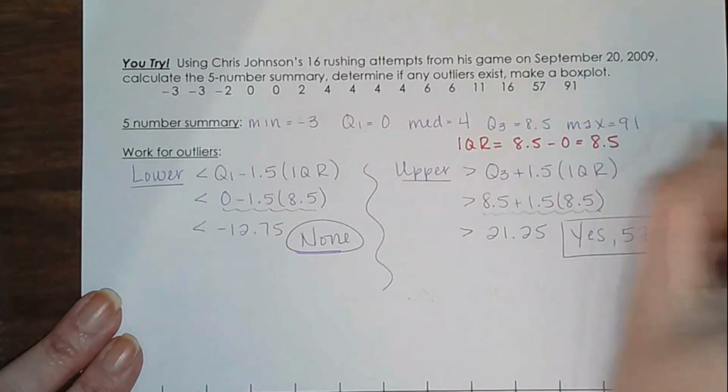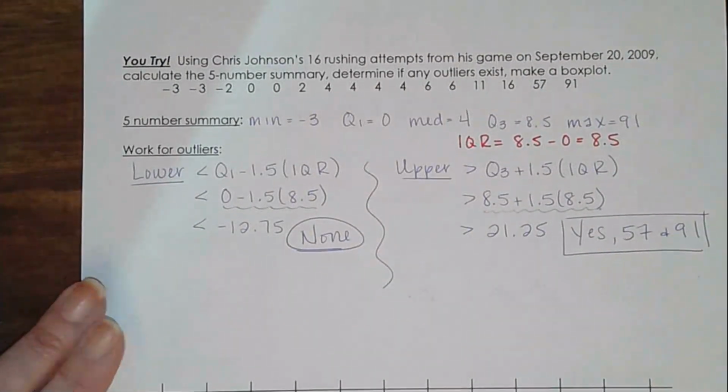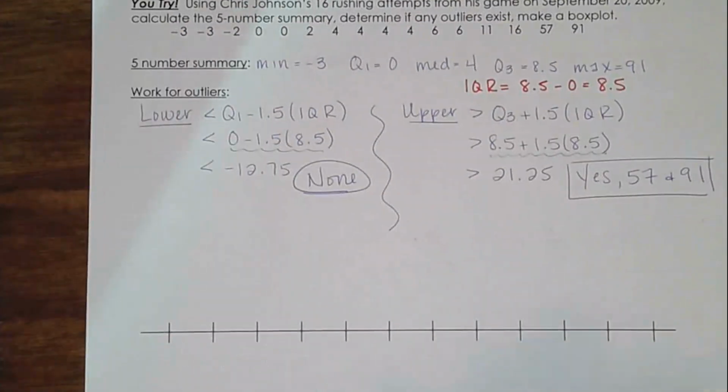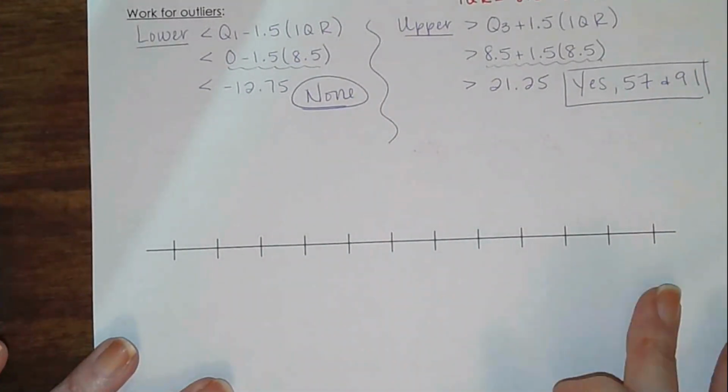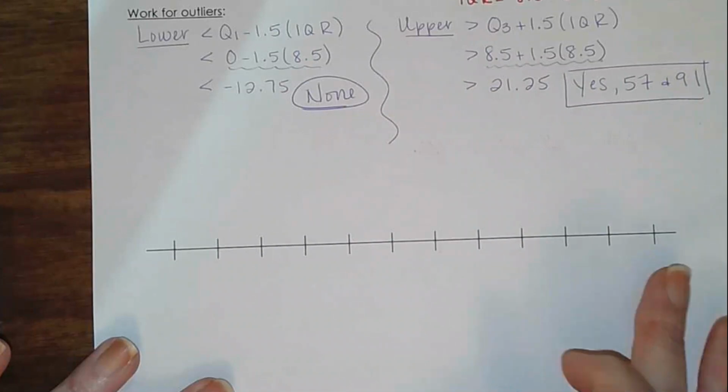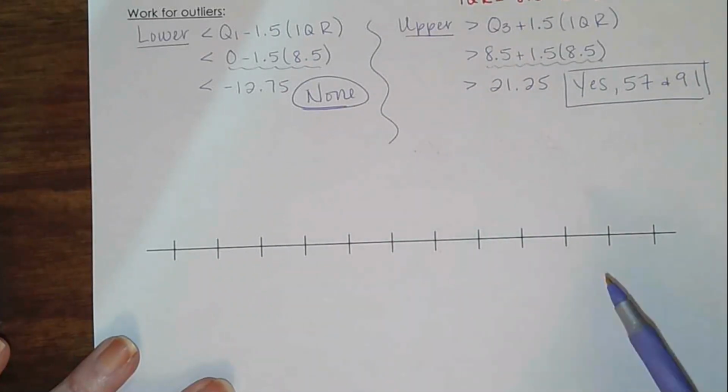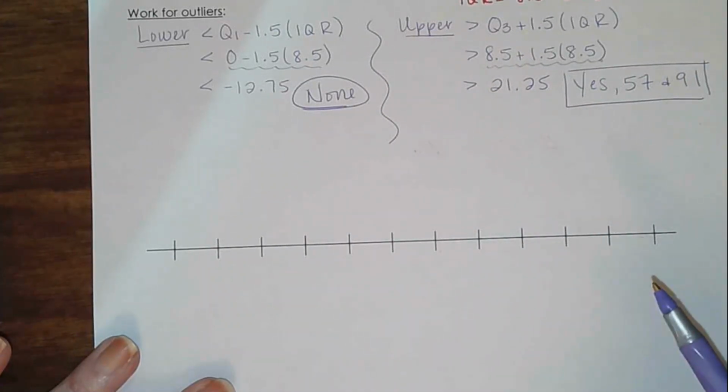Okay, here we go. Let's make our box plot. So we're gonna have to mark those separately. So I'll label my box plot down here. You can label it as rushing attempts, or for those of you that know football, rushing attempts is measured in what unit? Yards.